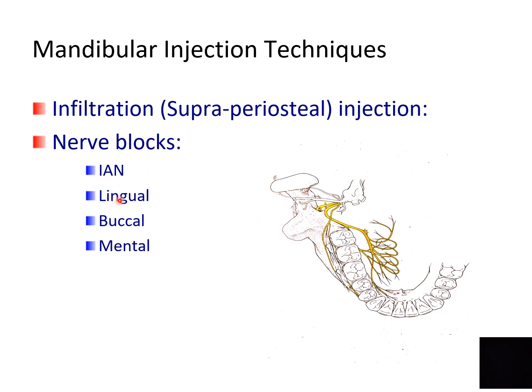When carrying out invasive treatments involving the mandibular molars and premolars, you would require an inferior alveolar nerve block, and that would be adequate if you were to carry out restorative treatments such as fillings, root canals, or crown preparations on vital teeth.